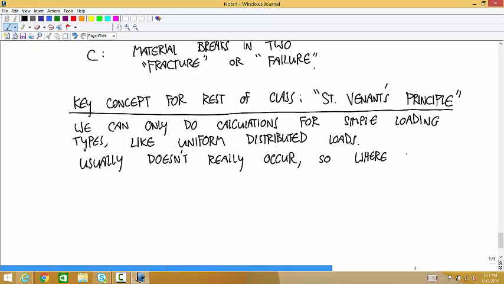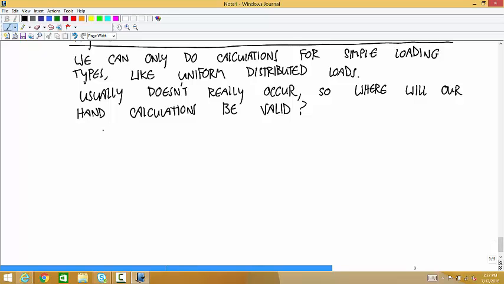So where will our hand calculations be valid? Okay, so an example of what I'm talking about is we'll be dealing with cases like this.